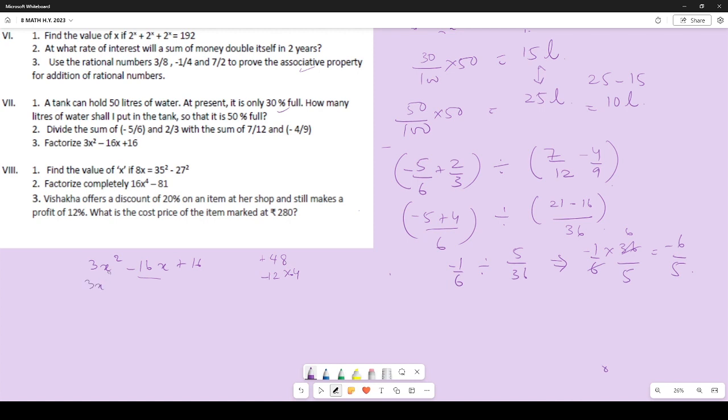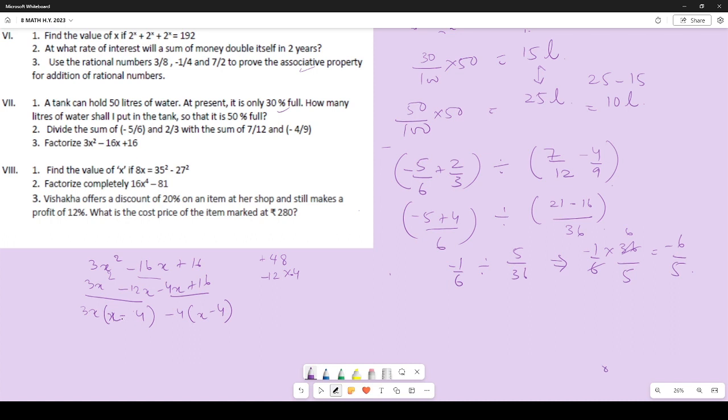So 3x square minus 12x minus 4x plus 16. We regroup them and we have 3x outside, x minus 4, and minus 4 outside, and again x minus 4.